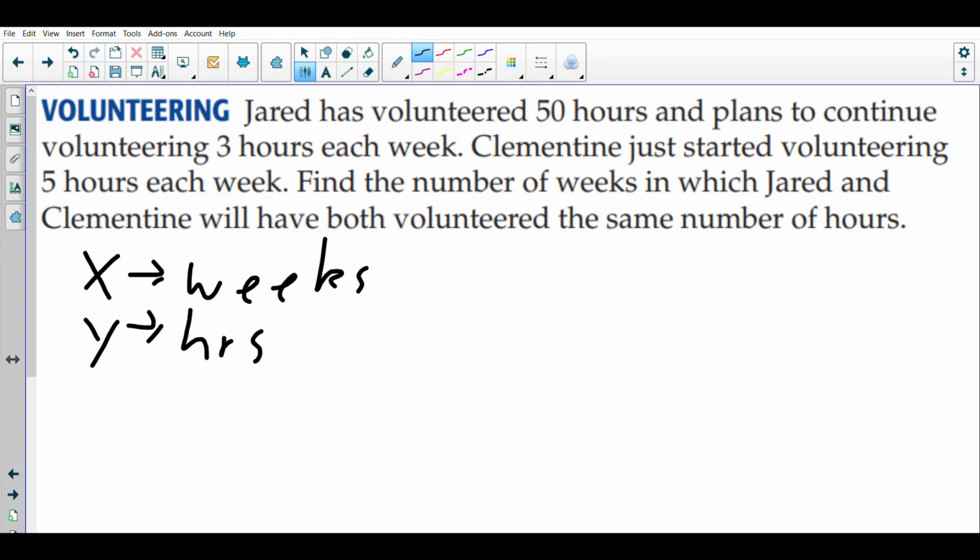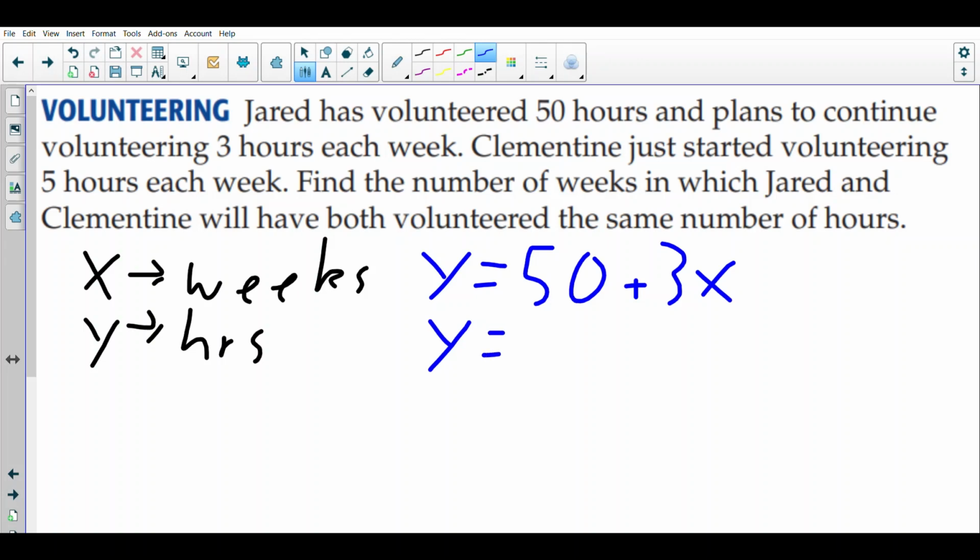That helps us organize. So Jared has y hours. He has already done 50, and he plans to do 3 hours per week. When we say per, we're multiplying. So per week. And then Clementine has y hours total, and he doesn't have any hours already, so 0, but he's doing 5 hours per week.